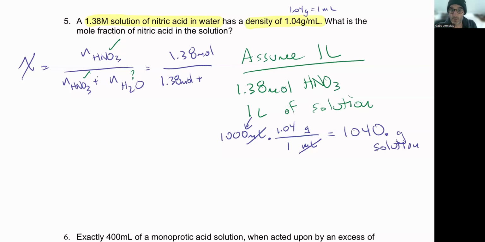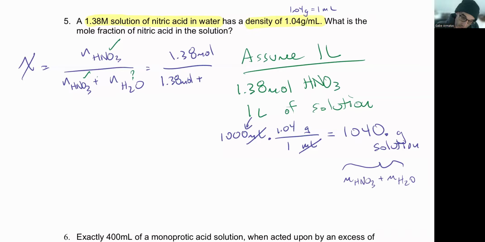Great. Now that I have solution, remember the solution contains both the mass of the HNO3 plus the mass of water. So in order to get moles, I need to isolate the water.